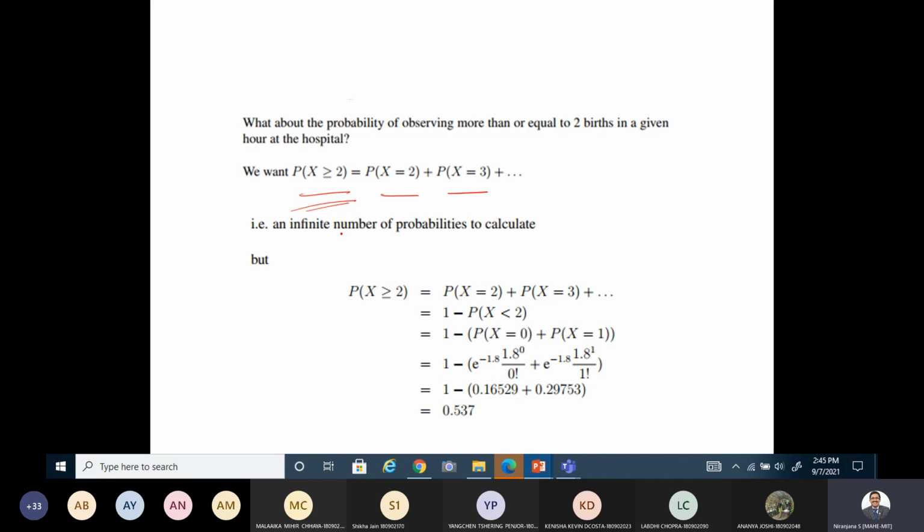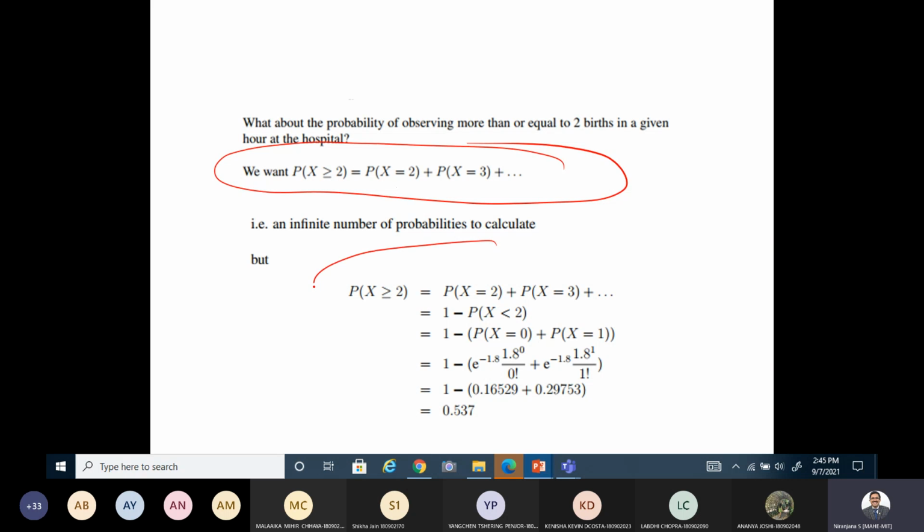Greater or equal to 2, so x is equal to 2 or x is equal to 3, and so on may be considered, because the maximum number is not known here. So how to go ahead with this problem? It can be calculated alternatively.